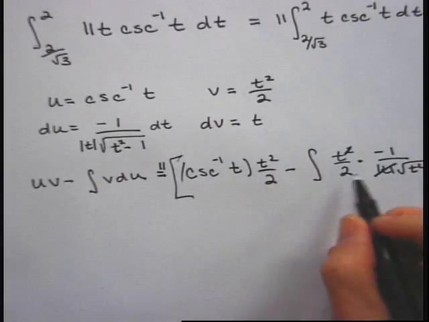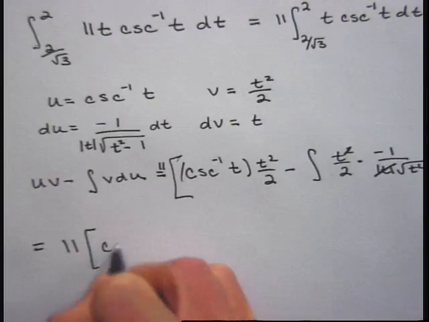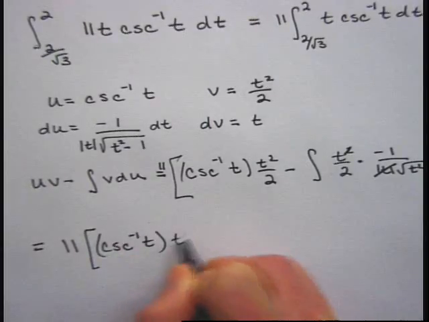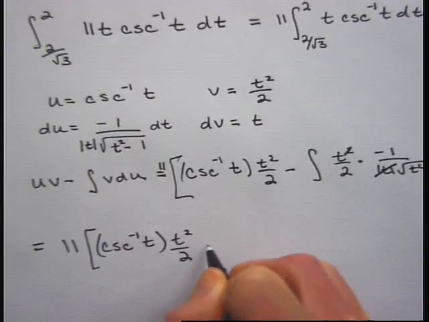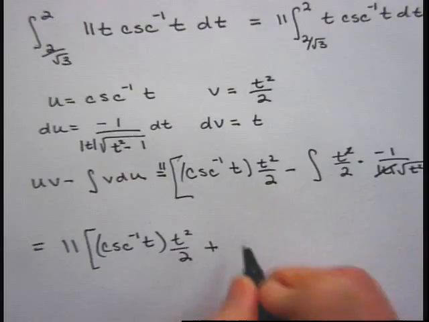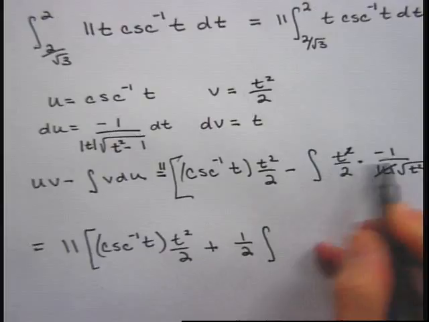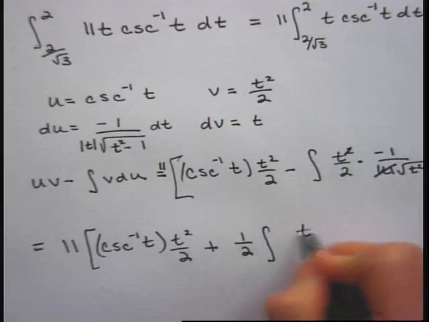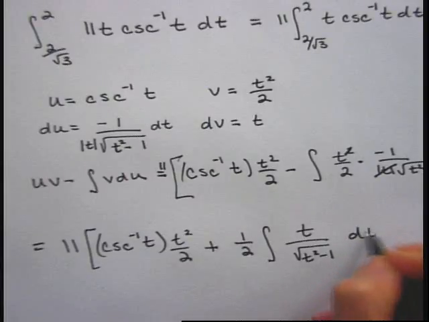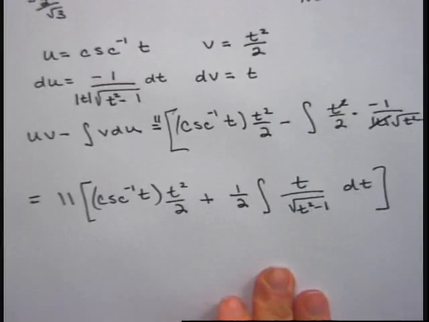So I have the 11, the inverse cosecant t times t squared over 2, plus a 1/2 times the integral of t over the square root of t squared minus 1 dt, which is great because I can do that with just a u substitution.